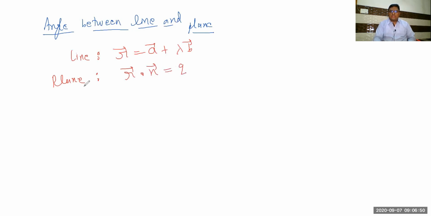Then the angle between this line and this plane will be obtained by this formula: sine theta is equal to modulus of b vector dot n vector upon magnitude of b vector and magnitude of n vector.